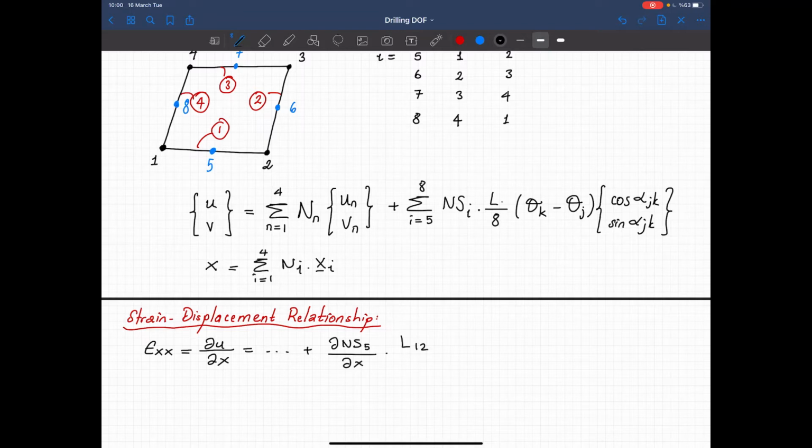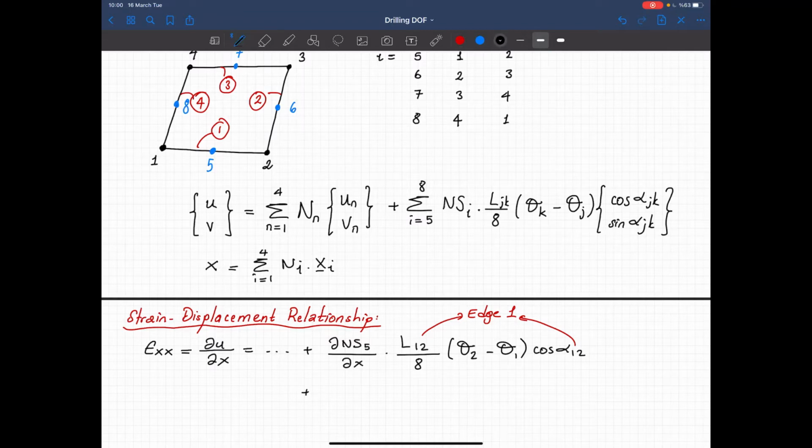So I should write jk here also. Length of h1 divided by 8 multiplied by theta 2 minus theta 1, the difference of rotations along h1 at the ends of h1, multiplied by cosine alpha 12. This represents the length of h1 and the cosine of the outward unit normal of h1.